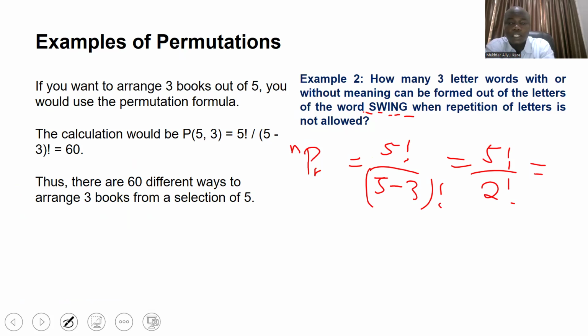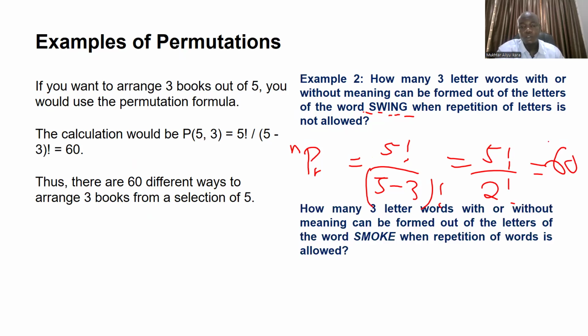It's almost a similar example. 5 factorial divided by 2 factorial gives us 60. So this is without repetition. Let's look at another example.